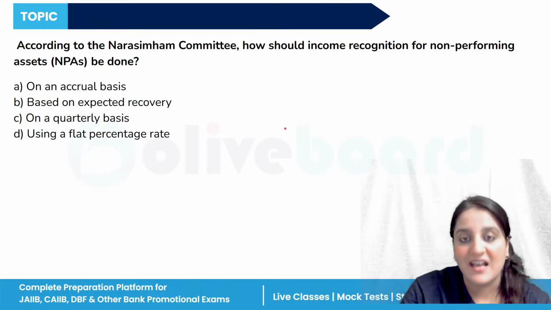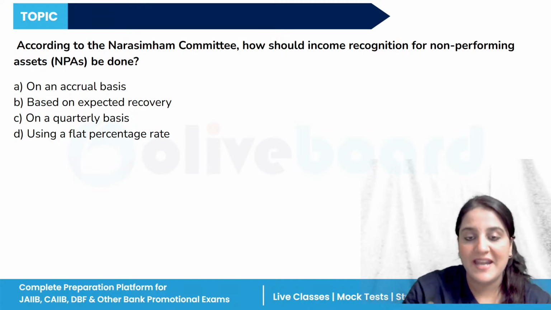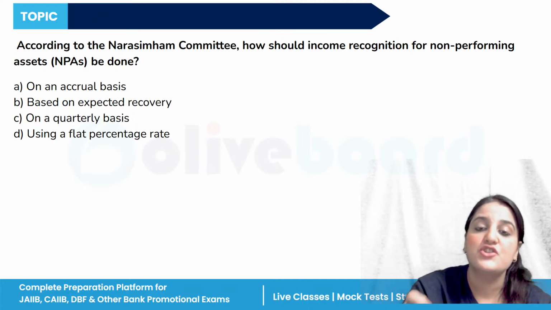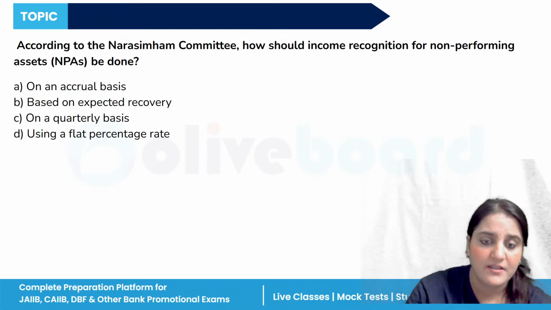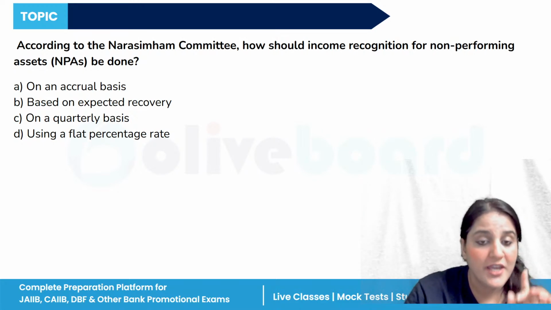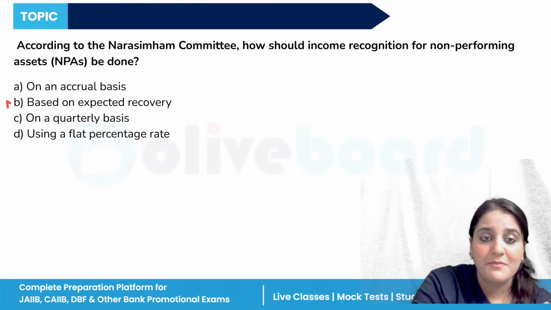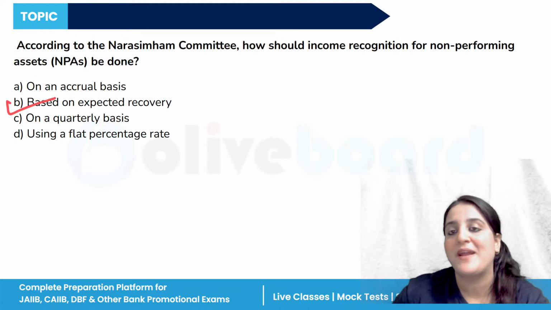Banks should classify an account as an NPA only if the interest charged during the quarter is not serviced fully within 90 days from the end of the quarter. So here we can say option B is correct, based on expected recovery.